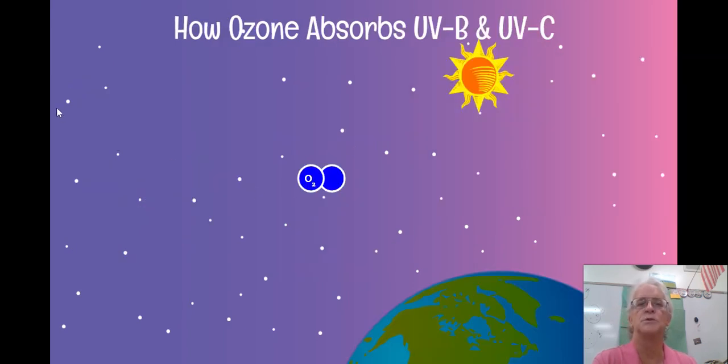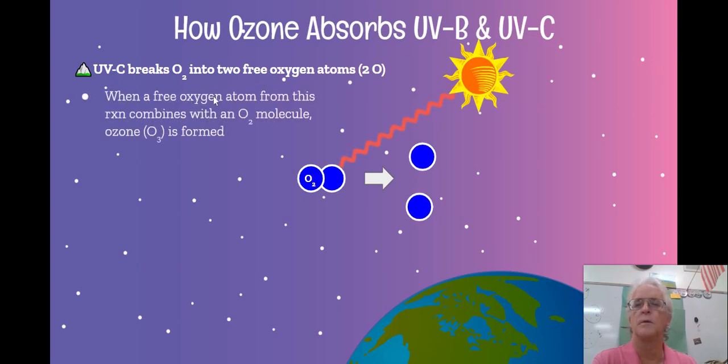So how does ozone absorb UVB and C? Well, UVC breaks oxygen into two free oxygen atoms. When the free oxygens form from this atom, they can combine with O2, forming O3.